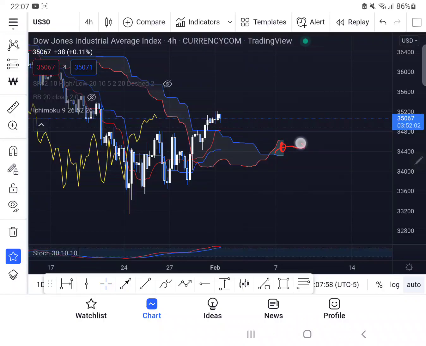But it's also flat, and it's another thin one of the Kumo. You know that it can break the Kumo to the upside.